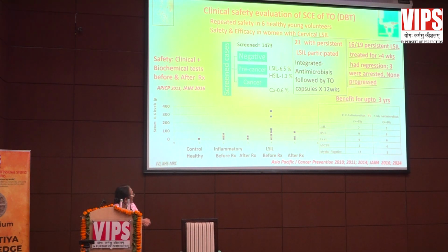And after the project was completed, we didn't have any grant, but we could still follow up 18 women up to 3 years, and out of them, only 3 which were arrested over here remained persistent. And then the others had all remained in a lesser stage, just mild changes.